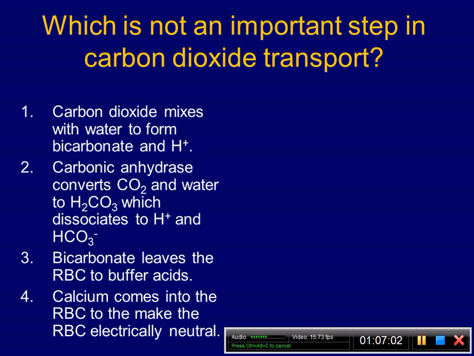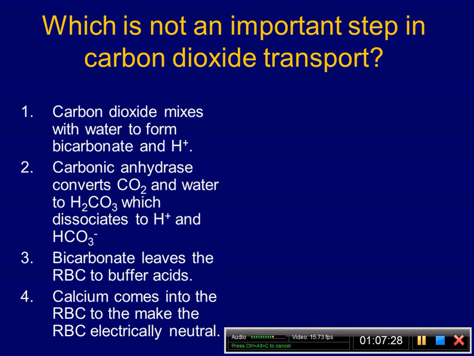Number 3, bicarbonate leaves the red blood cell to buffer acids. That's a confusing one. How about number 2 then? Carbonic anhydrase converts CO2 and water to H2CO3, which dissociates to H+ and HCO3-. That is exactly that equation, just written out.